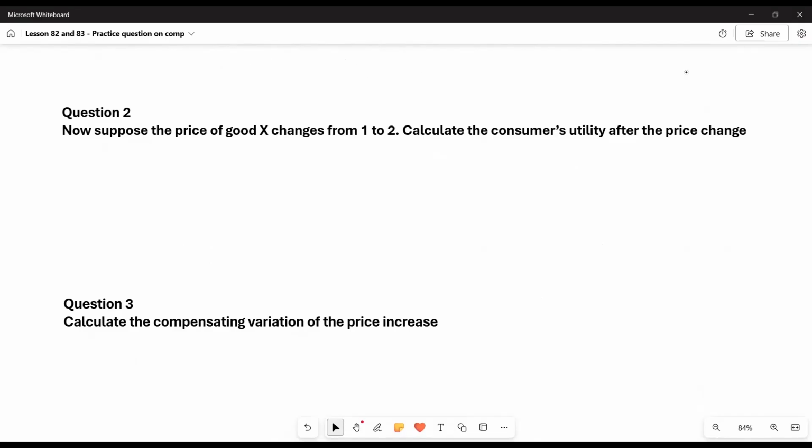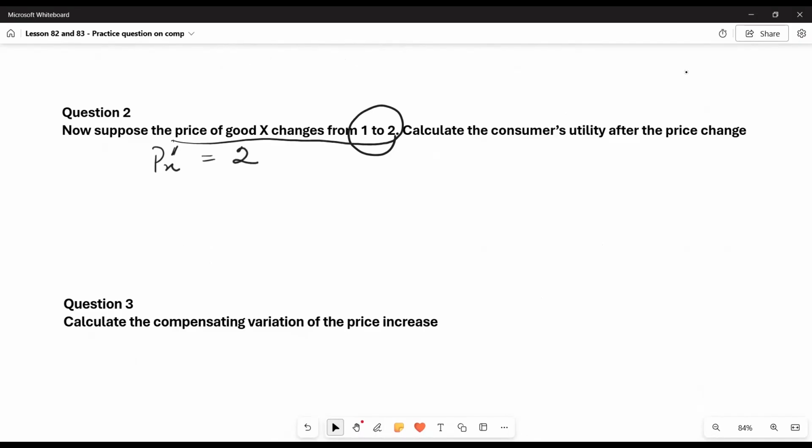The second question is, suppose the price of good X changes from 1 to 2. Calculate Peter's utility after the change in price. Now we have a new price of good X, if we call this Px prime, being equal to 2.